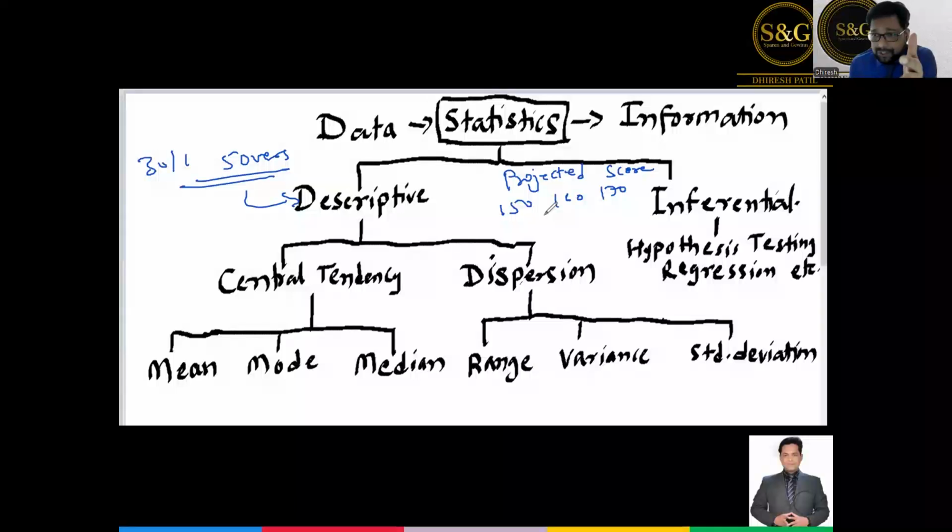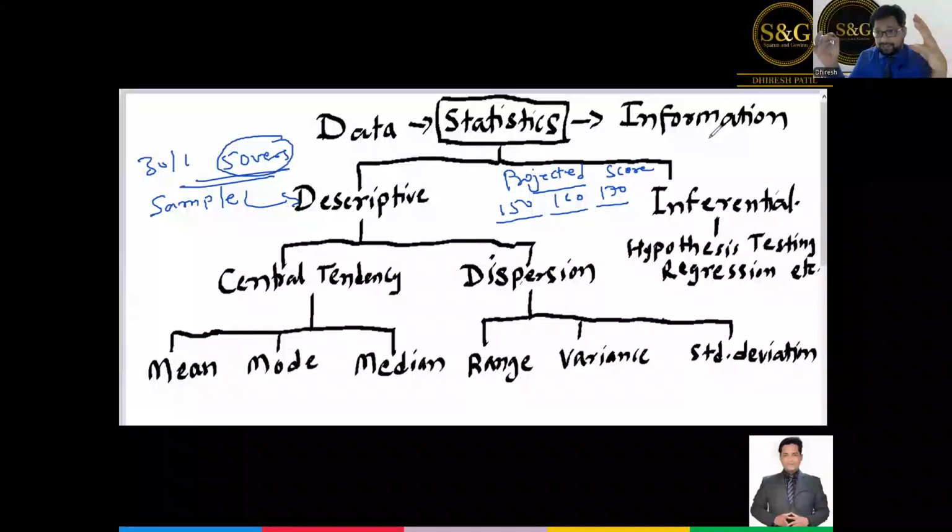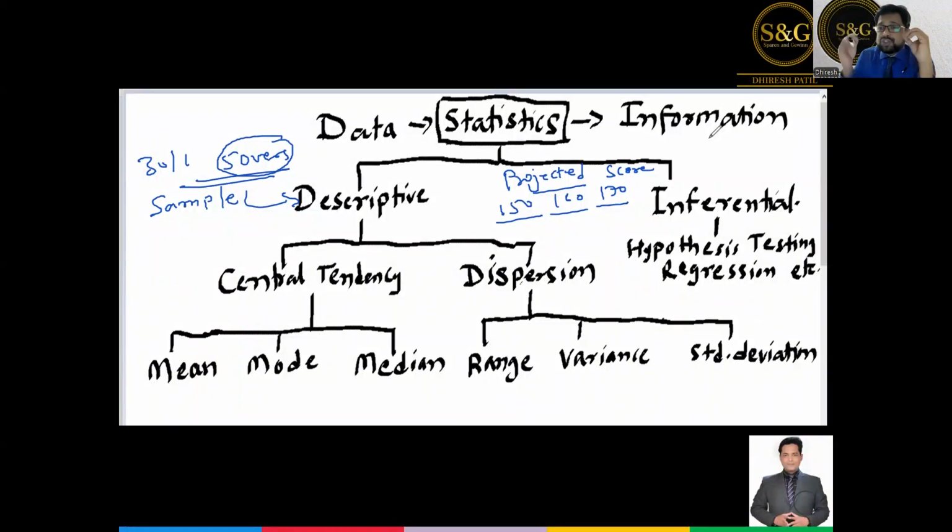If they play with 8 runs an over, they will go to 160. If they go at 8.5 runs per over, they'll score 170 runs. This is a projected score. Now understand this: 5 overs is a subset of 20 overs. This is called a sample. And 20 overs is the entire population, because the entire population contains all the data points.